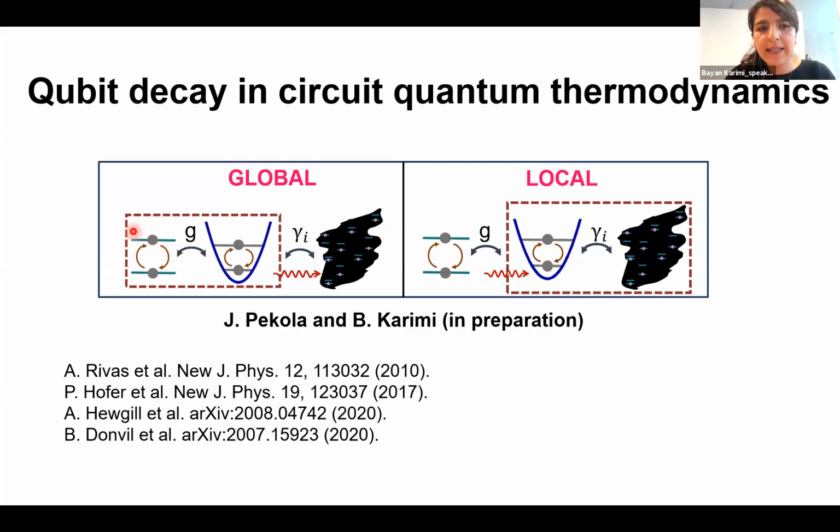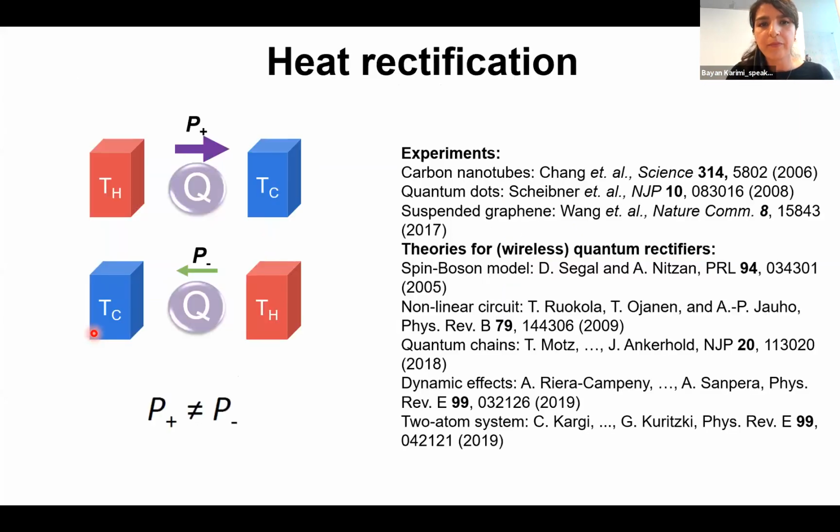We try to see, when we excite the qubit, how it decays into the bath via this resonator. The point is that we wanted to see where the crossover between the local and the global regime is, when it happens, which parameter it depends on, and how it goes from one regime to the other.